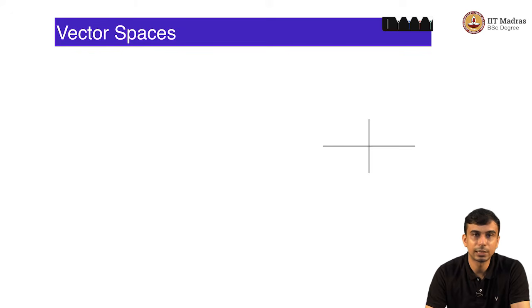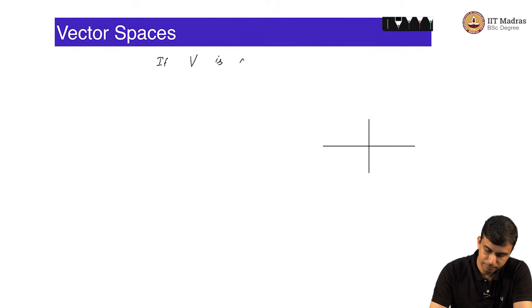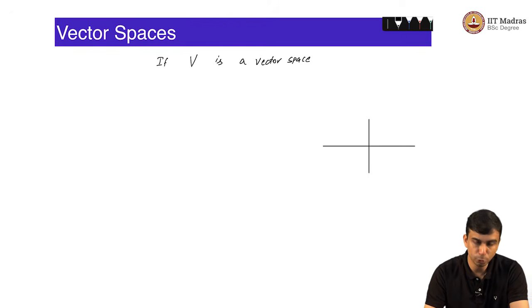This collection of vectors must satisfy certain properties. There are several properties, but the most important property is as follows. If V is a vector space, then this particular property must hold. There are other properties, but this is the most crucial one.